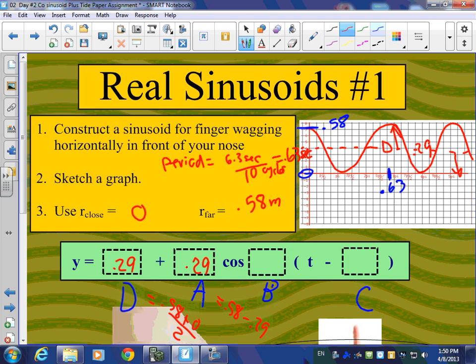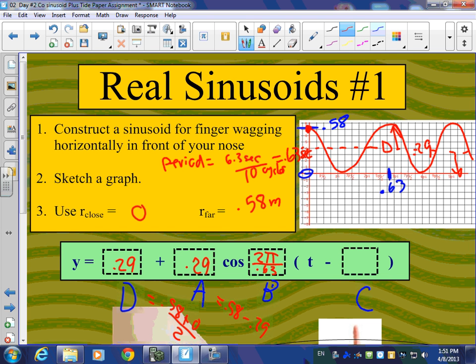Now for the cosine b, b is going to be 2 pi over your period. And the period is 0.63 seconds. I'd just leave it like that. And there you go. 2 pi over 0.63. C is wherever the first peak is. Where's the first peak? Where do we start our finger?